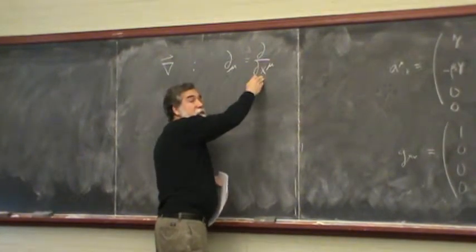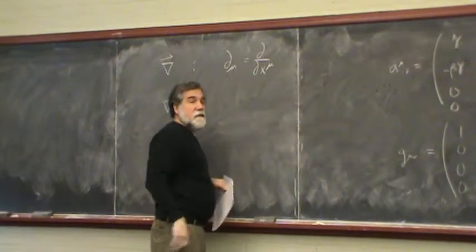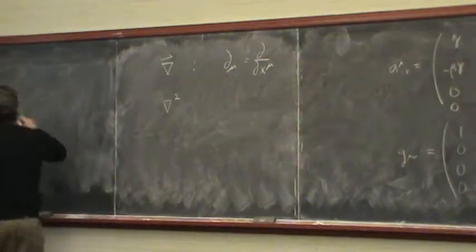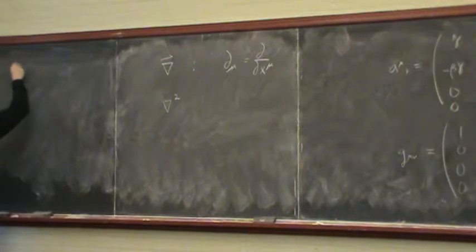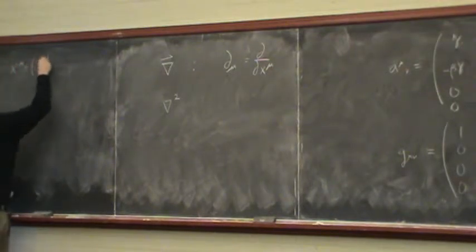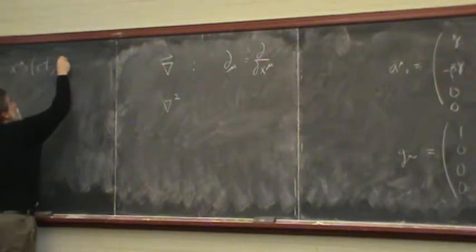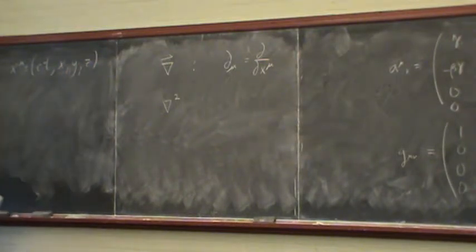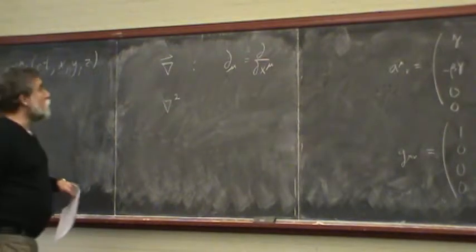Now, the first coordinate is ct, so there would be a c that comes out front. My space-time coordinates, x mu, are ct, x, y, z, the Cartesian coordinates.